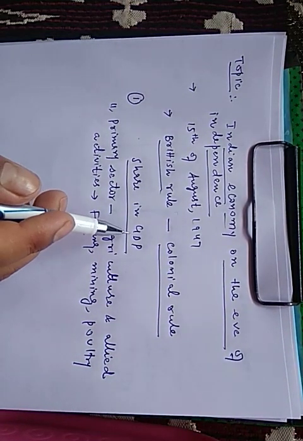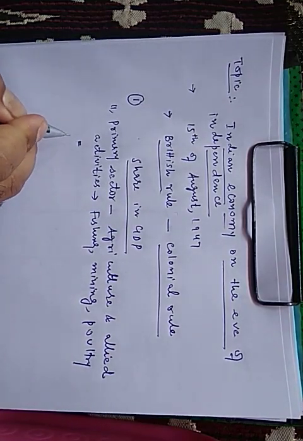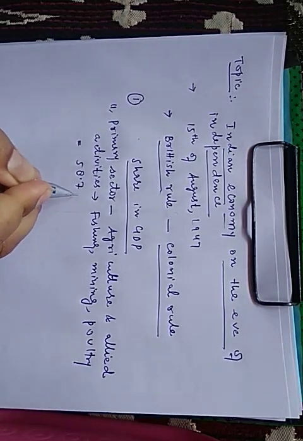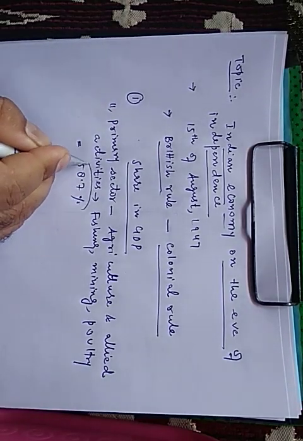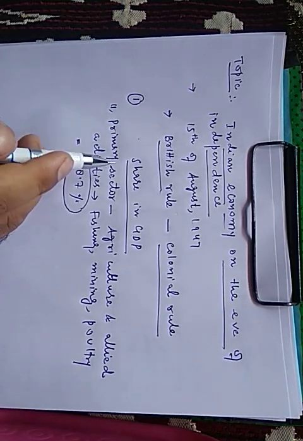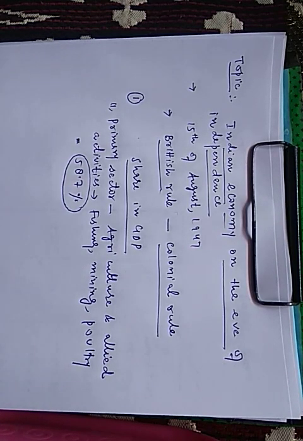Its share in GDP at the time of independence was equal to 58.7%. More than 50% of GDP came from the primary sector, from the agriculture sector.